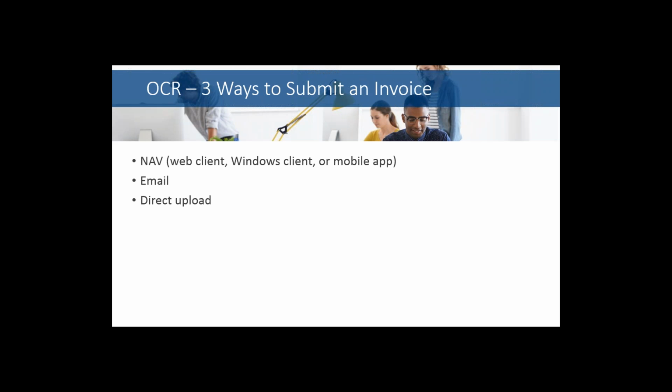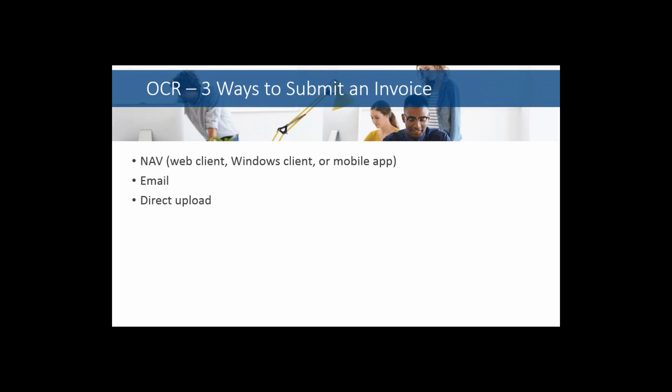There's an email when you set up your service for the first time. They'll provide you with an email address that you can email those invoices to as well. And so what that means is you can have your vendors email their invoices directly to the OCR service, and what you get back is a translated invoice.